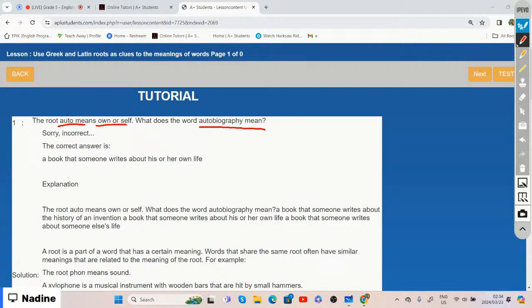It's like saying an author, but an author is just a writer who writes books. But auto means own, it means self. An autobiography is a book that someone writes about his or her own life. You're writing about your own self, you're writing about your own life. That is an autobiography, right?